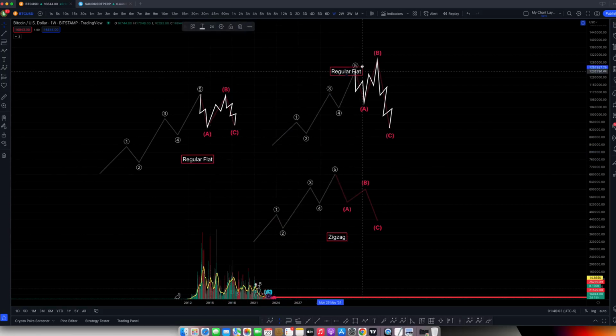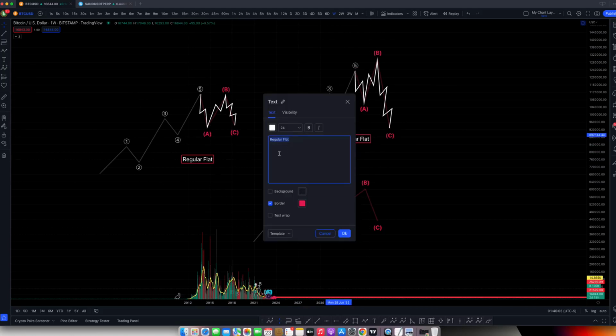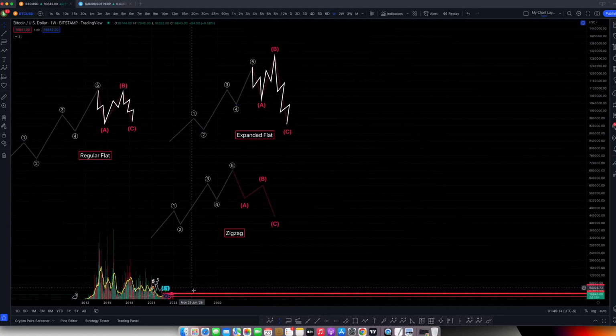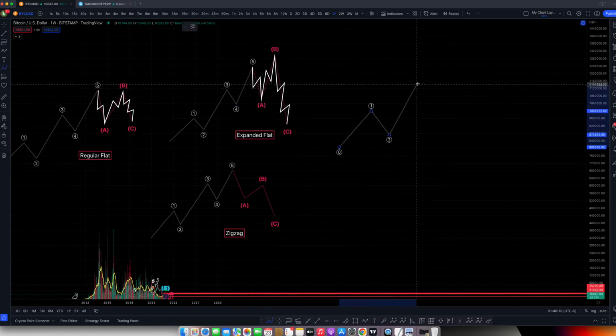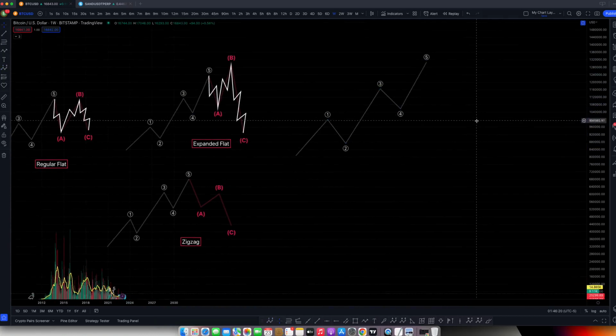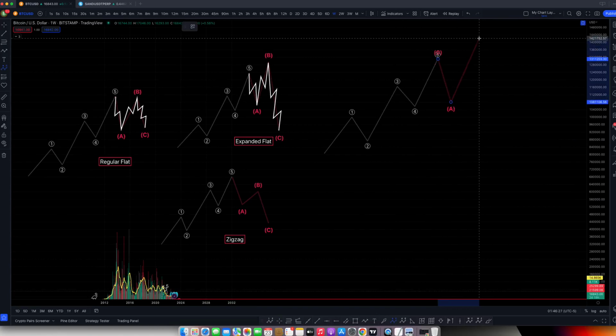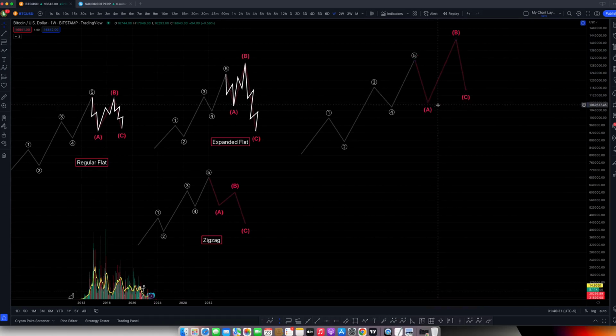And this one is your expanded flat. And one more variation in flat is called running flat. So you have 1 2 3 4 5, and then you will get A, 3 waves down, B, 3 waves up, C, 5 waves down. But this time C will not cross A.